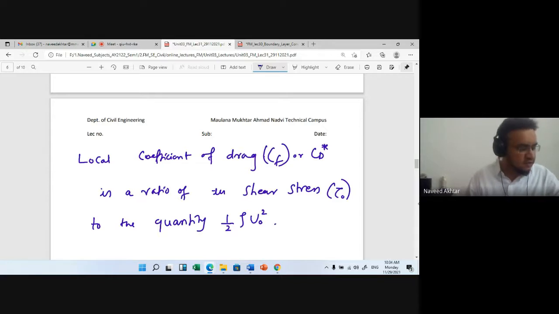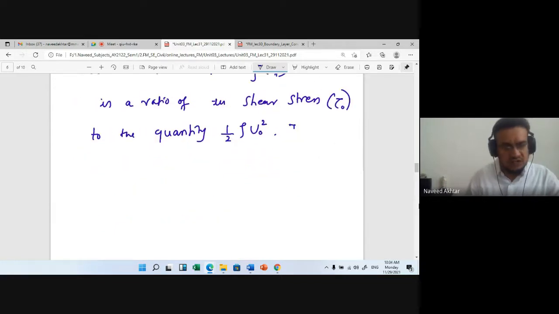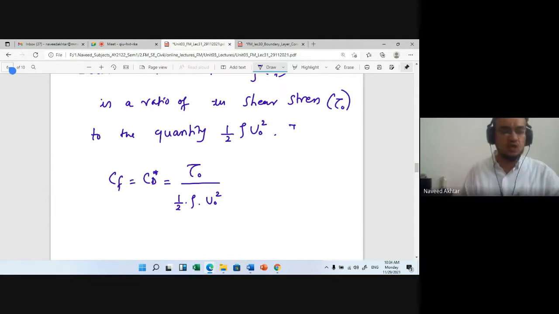So CF, the local drag coefficient, is equal to the ratio of shear stress tau 0 to half of rho into u0 square. So this is the local drag coefficient.